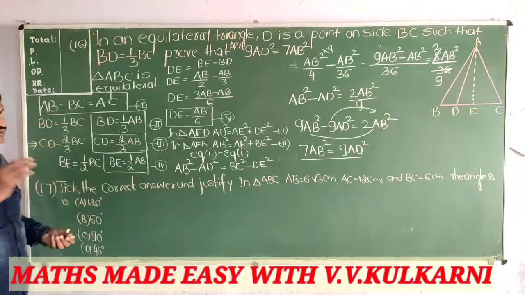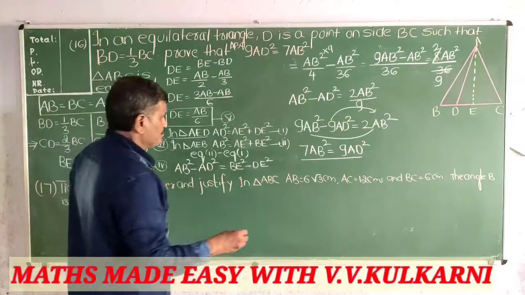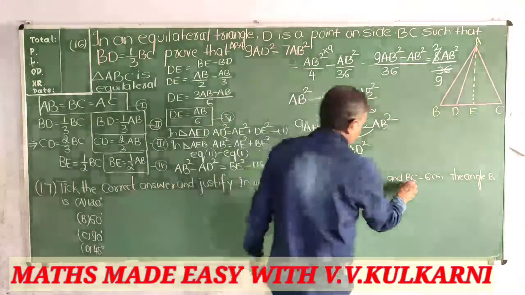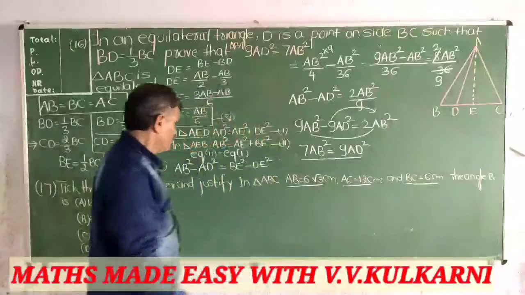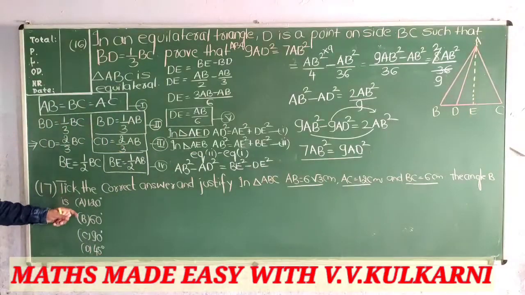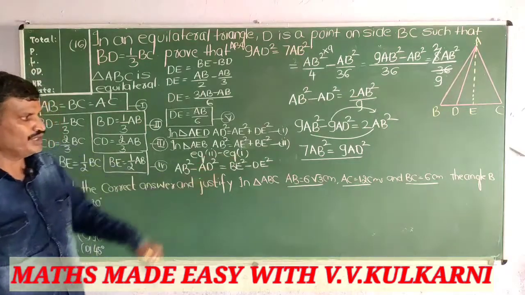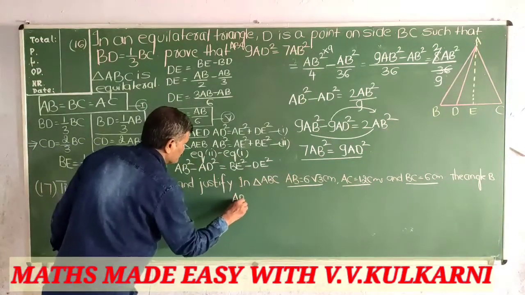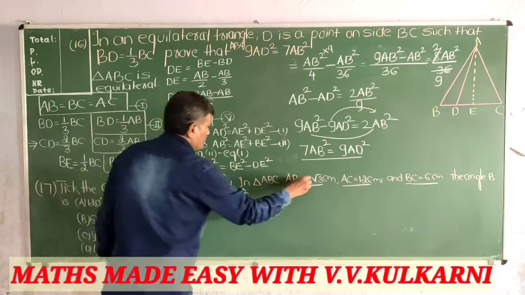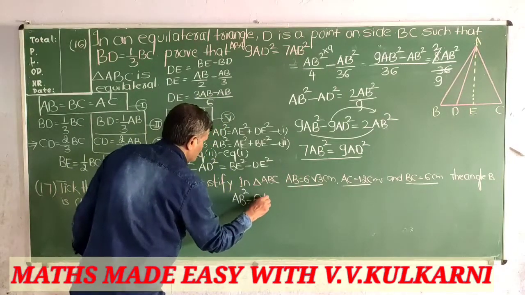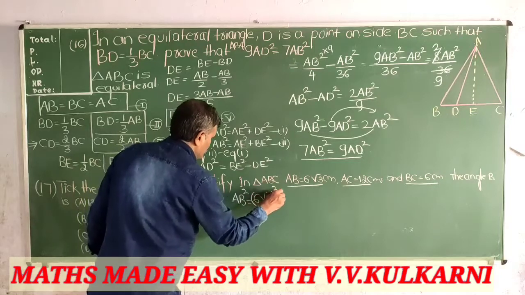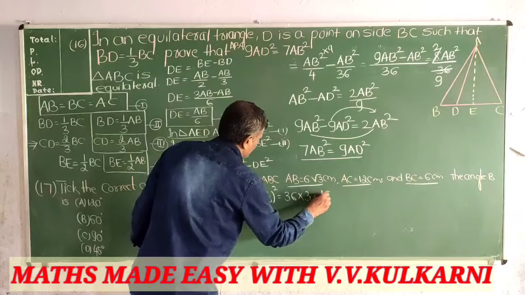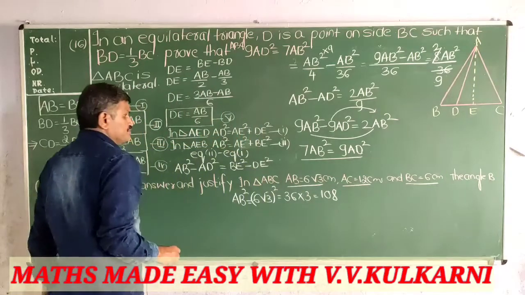Now the last problem of this topic, triangles. You see, they have given you AB, AC, and BC, and they want the measure of angle B. We will do one thing here: find AB square, which is 6 root 3 square. 6 root 3 square means 36 multiplied by 3, that is equal to 108.